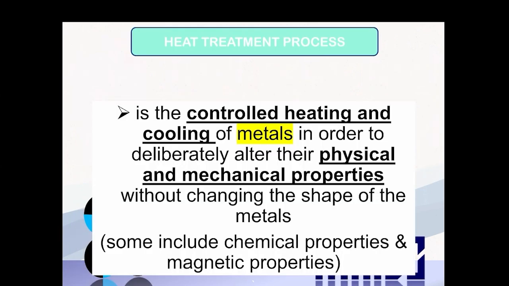As you could see here, na-discuss natin kanina, heat treatment is the controlled heating and cooling of metals in order to deliberately alter their physical and mechanical properties. Some has changes on chemical properties, especially when we are heat treating aluminum alloys.